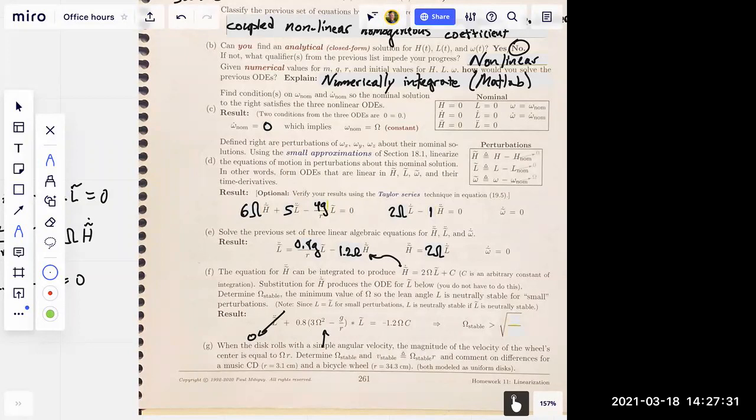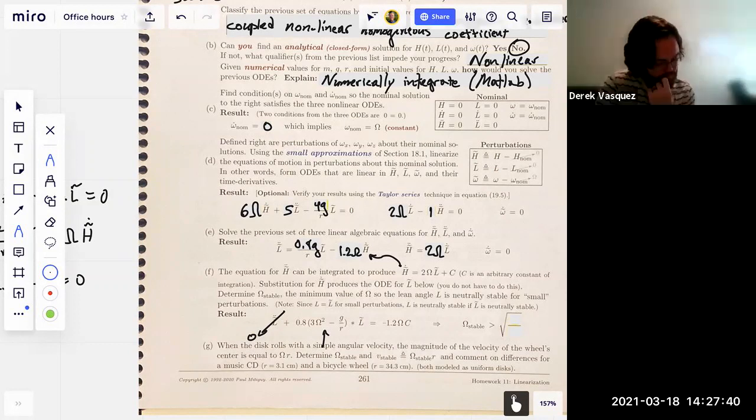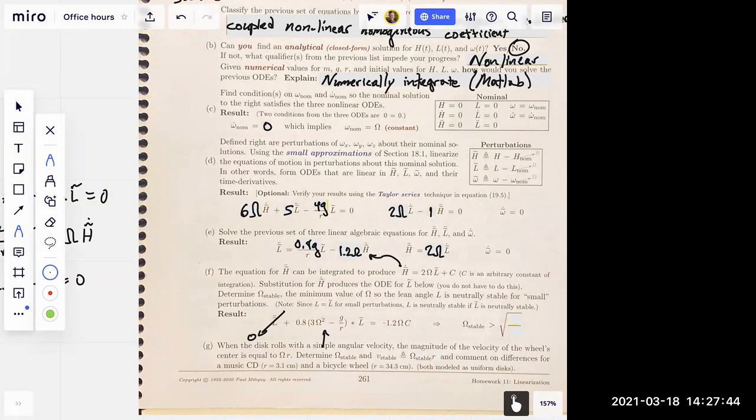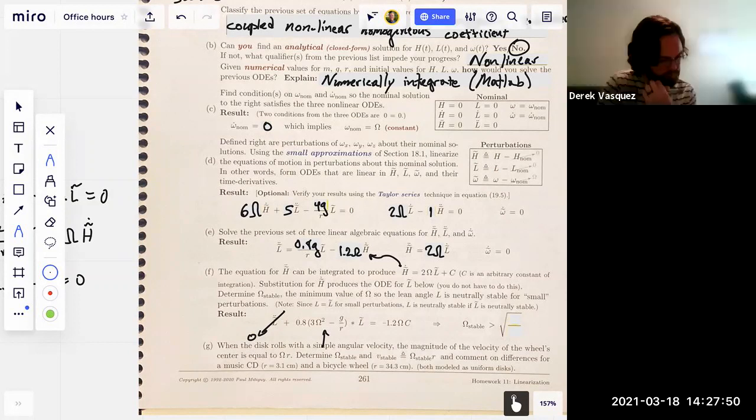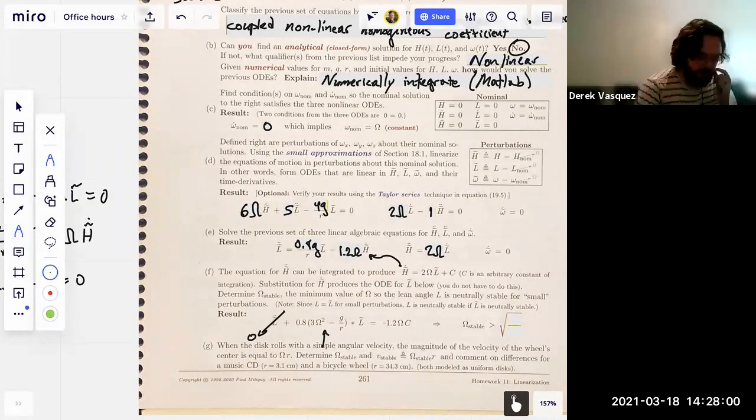I mean, that's being multiplied by L tilde. But we know that L tilde is not 0. I don't know. Yeah. Let's see, trying to think here.